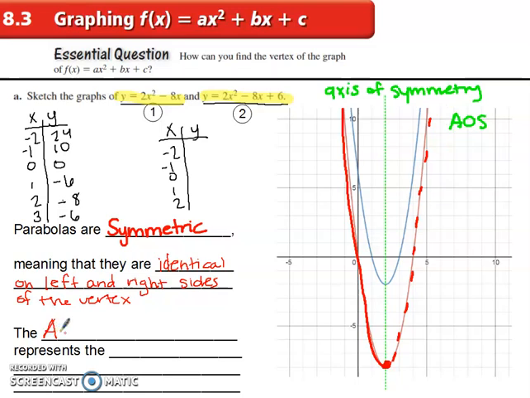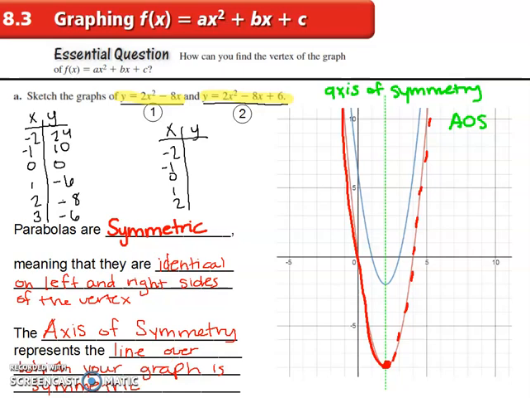The axis of symmetry, as I've already drawn for you in green, represents the line over which your graph is symmetric, meaning we can fold it directly on that line and the left-hand side will stamp exactly perfectly on that right-hand side.